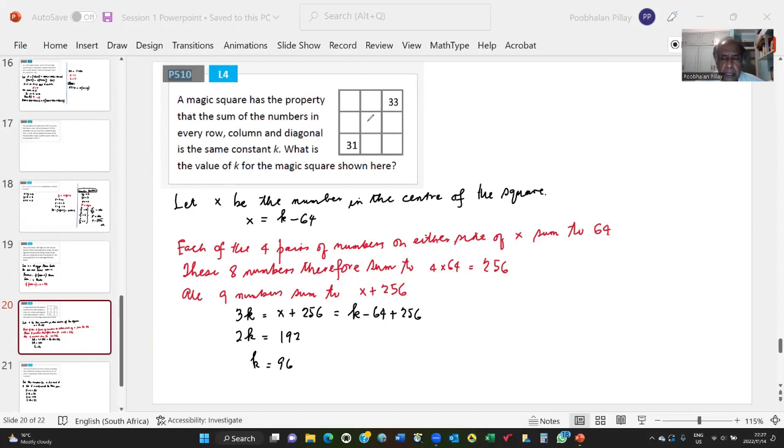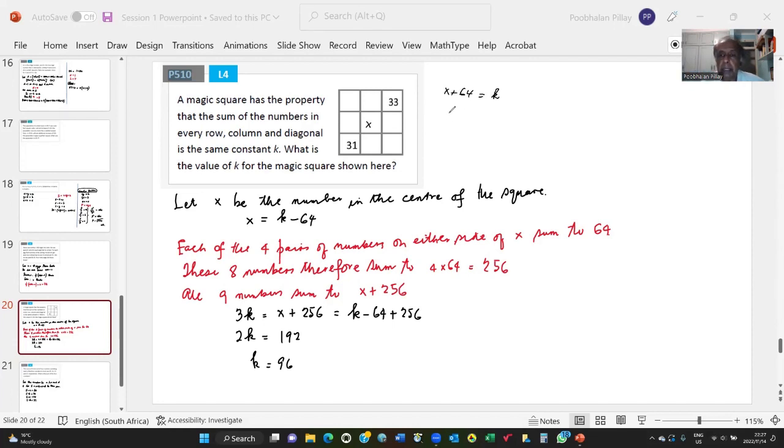If we call this middle number X, I'd like to call this middle number X because it belongs to all the diagonals, this middle row, and this middle column. So if you call that X, then the sum of these is 33 plus X plus 31. That's X plus 64. That's equal to K.